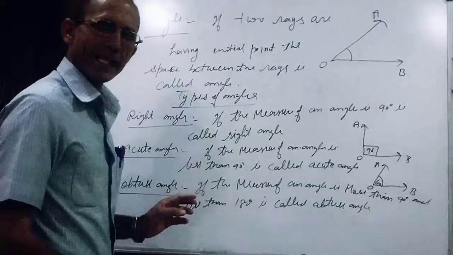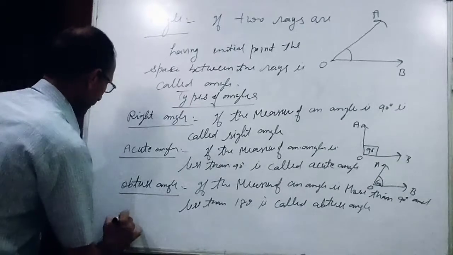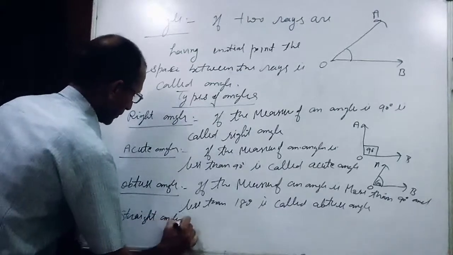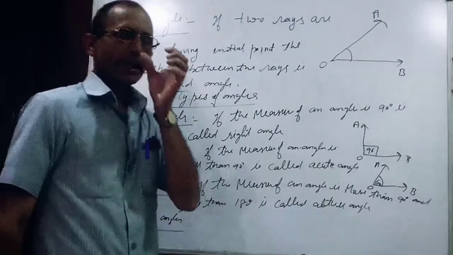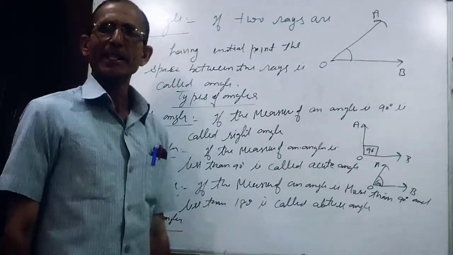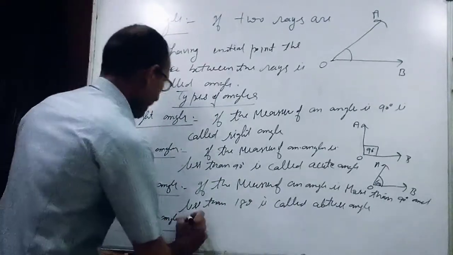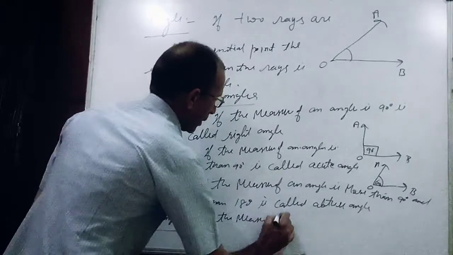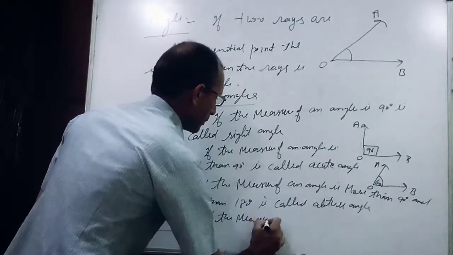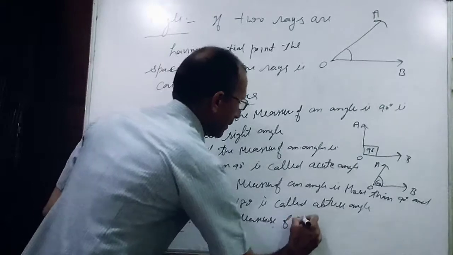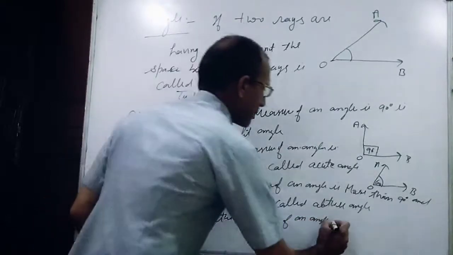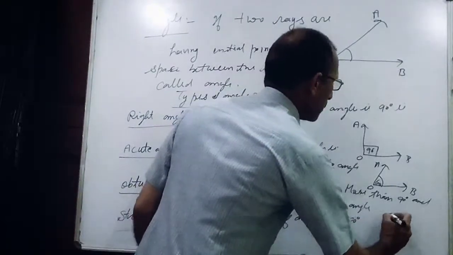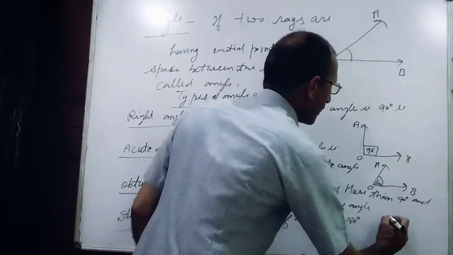Next is the straight angle. If the measure of an angle is 180 degrees, it is called a straight angle. An obtuse angle is more than 90 but less than 180.